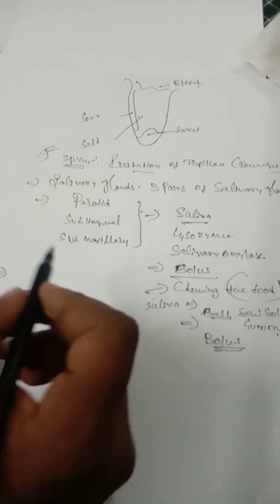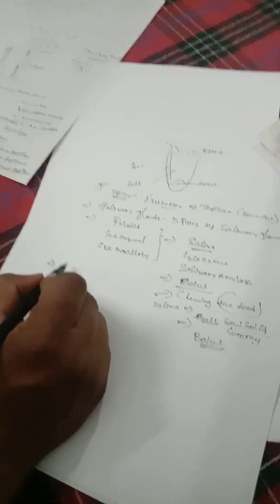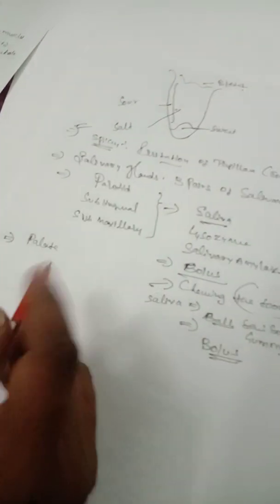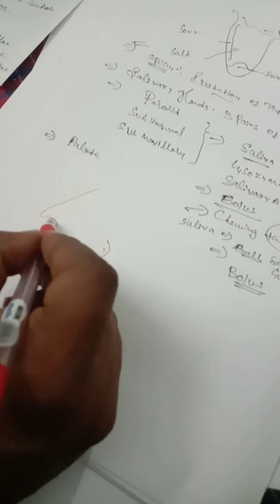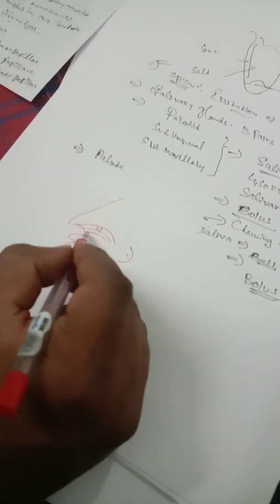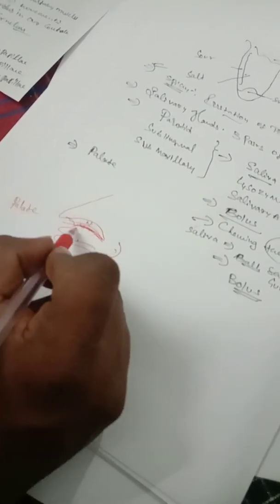The next important thing to discuss in the buccal cavity is the palate. If you see the diagram, this is the nasal cavity, this is the oral cavity. The nasal cavity and oral cavity are separated by one structure called the palate.